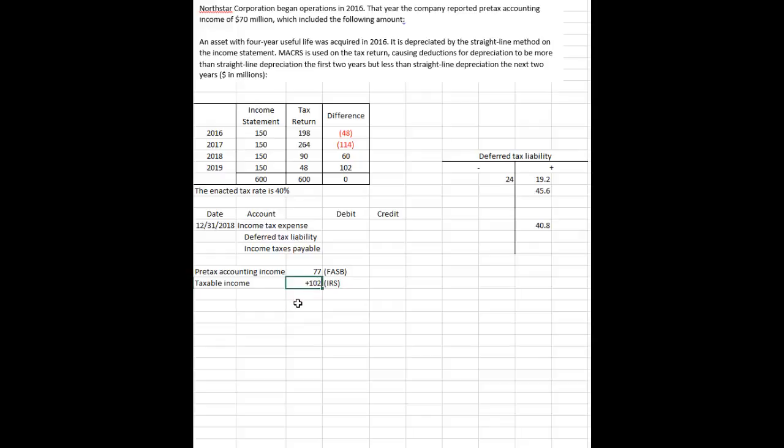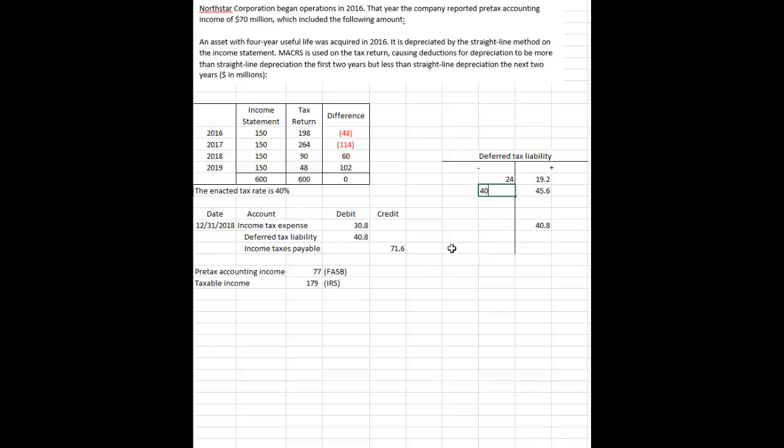So 102 plus 77, you have taxable income of 179 million. So you actually have to pay the IRS 40% of that figure, and on your income statement you only show income tax expense of 40% of the pre-tax accounting income, which means we have a difference now of 40.8 million.